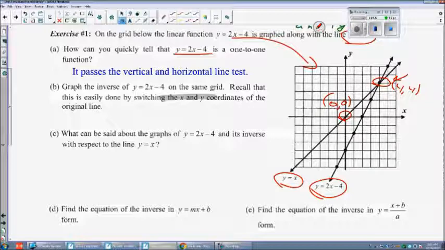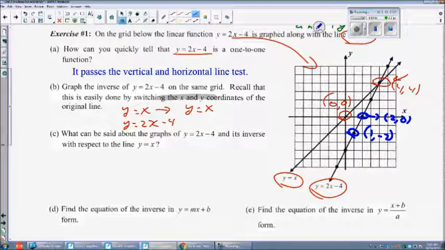So the inverse of y equals x is y equals x. That little arrow means goes to. However, the y equals 2x minus 4 is going to be in blue. That's going to be tricky. That one is 1, negative 2, and that one right there is 2, 0.